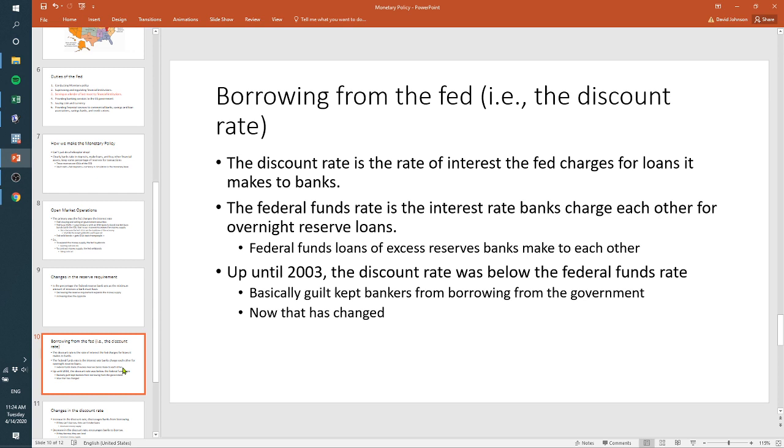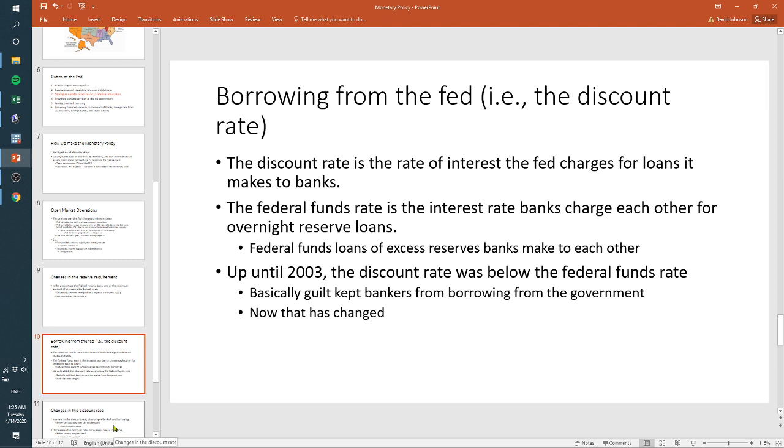So, what gradually happened is that more and more banks started using the discount rate instead of the federal funds rate because banks have shareholders and it's in the best interest of shareholders to keep costs as low as possible. And one of the ways they could do that was by paying the discount rate rather than the higher federal funds rate. So what happened after about 2003 is that the policy changed so that the discount rate was charged with being just slightly higher than the federal funds rate.